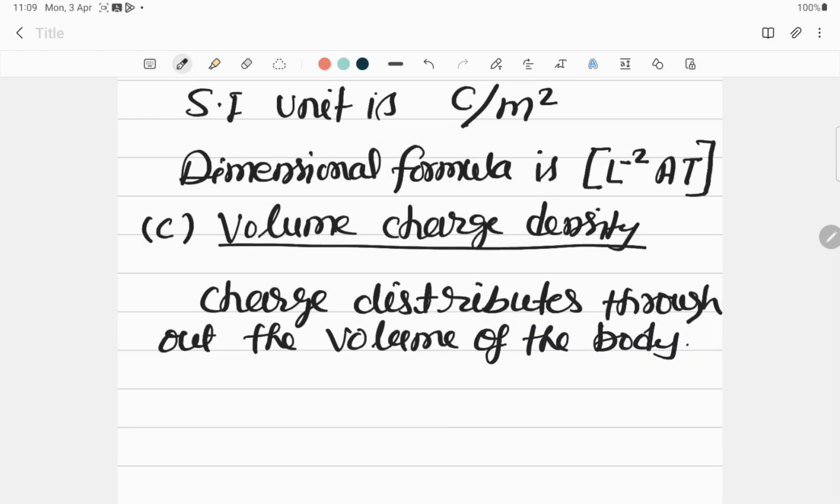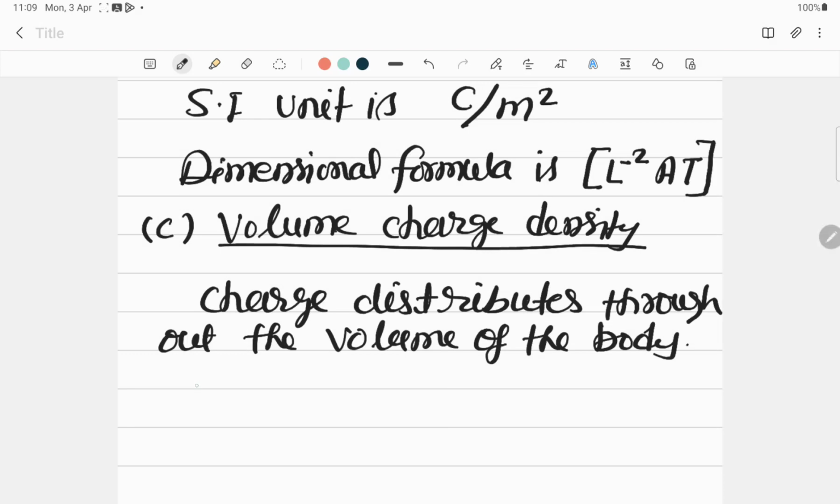In the first one, the linear charge density, the charge is distributed over the whole length of the body. The second one is the surface charge density, which comes when the charge is distributed over the entire surface of the body. And the volume charge density comes when the charge is distributed throughout the whole volume of the body.